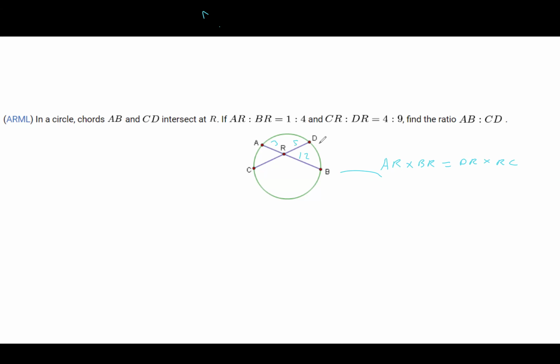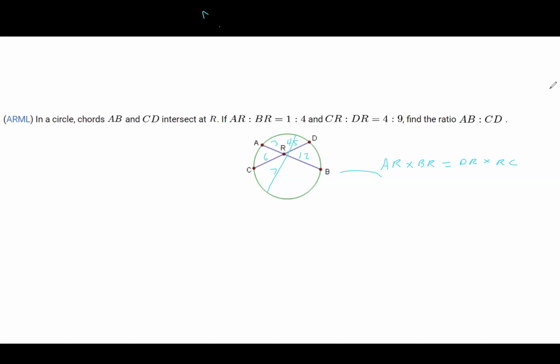Then the lengths of DR and RC could change. It could be 5 or 6 here, and if you shift it upwards, it'll be like 4 and 7. If you prove one configuration, it wouldn't necessarily hold for other configurations. That's why it's better to set them to variables.